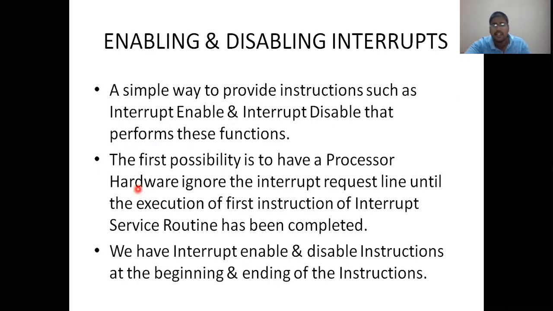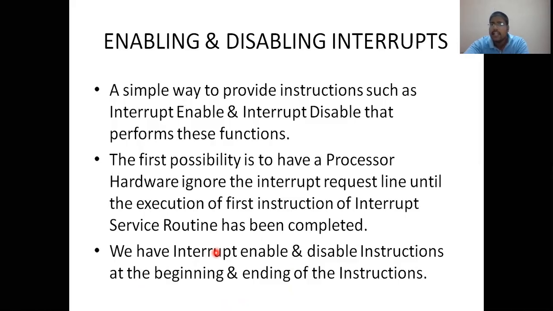That's what they have mentioned here: to have the processor hardware ignoring the interrupt request line until the execution of the first instruction of the interrupt service routine has been completed. We have interrupt enable and disable at the beginning and ending of the instructions. Interrupt enable is present at the starting of an instruction.